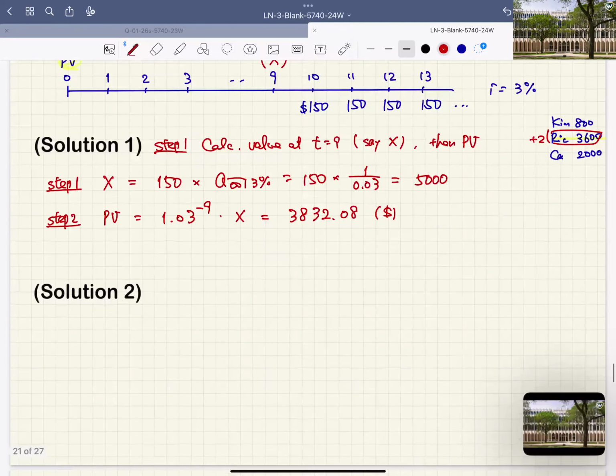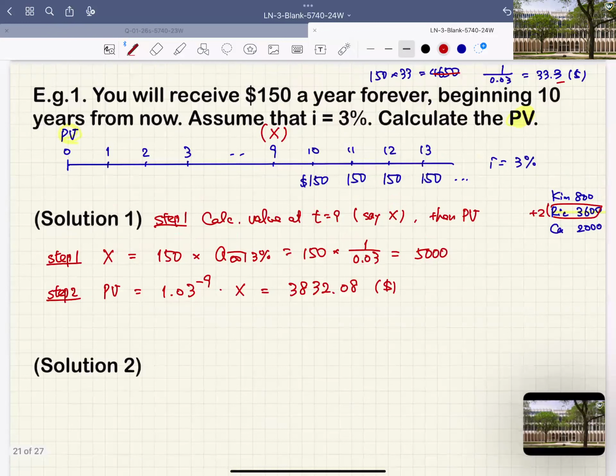And solution 2, another way, is not very different: you can evaluate at t equal to 10. Step 1: calculate the value at t equal to 10, say y.